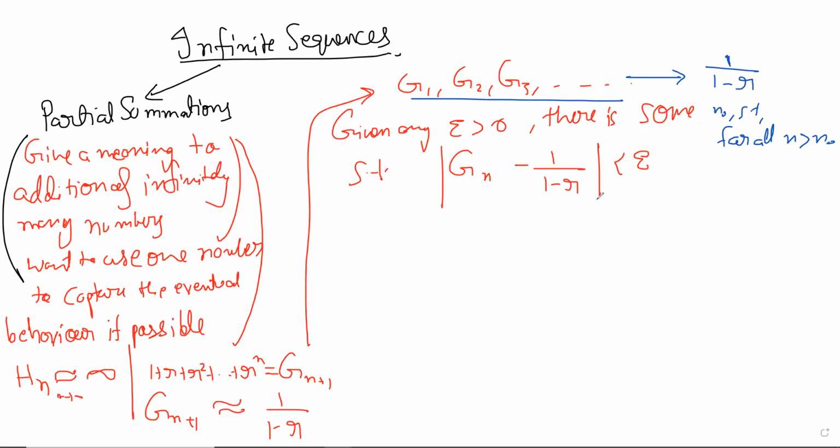So it's not just that you find some n naught, and for that the distance becomes less than epsilon. No, that is not enough. You must find n naught such that, or maybe greater than or equal to, this happens. And not just this, but beyond this also, the partial summation and the limit, or the summation of all the terms, or the best description, whatever you want to call it, they remain close.